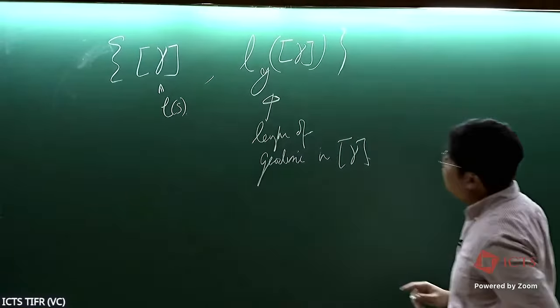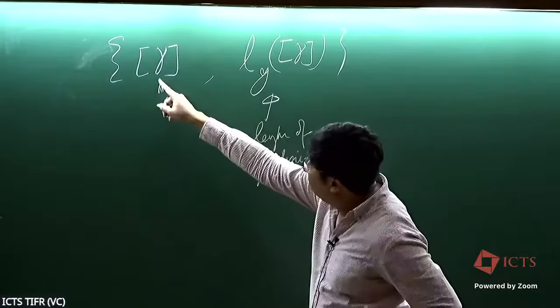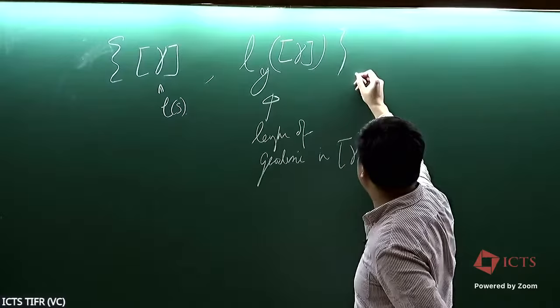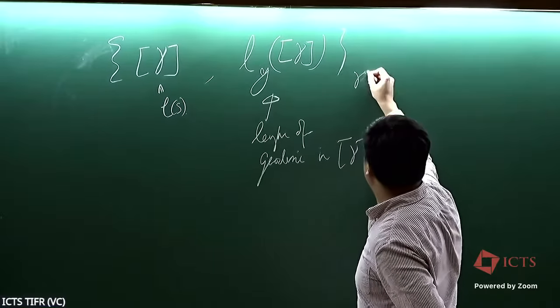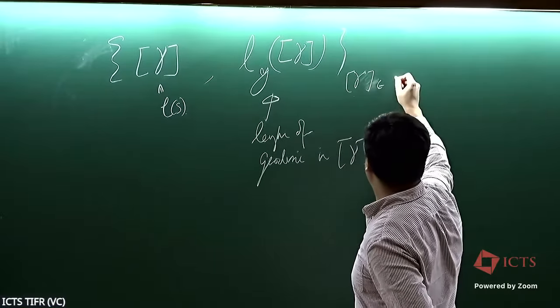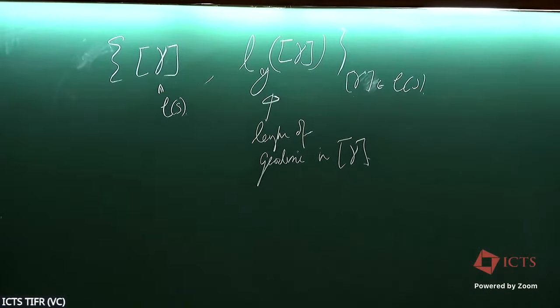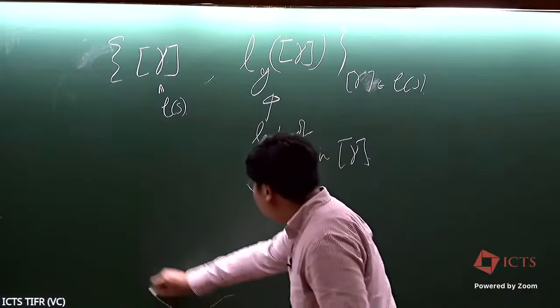But I want this pair of objects to run across all of script C of S. And this is what's called the marked length spectrum, because it's exactly what its name suggests. I have a negatively curved Riemannian metric. Let me just draw a cartoon picture.